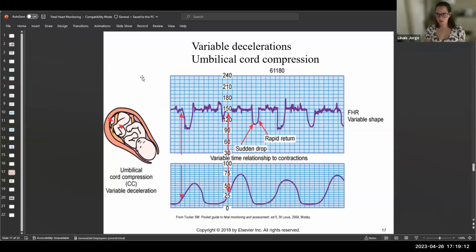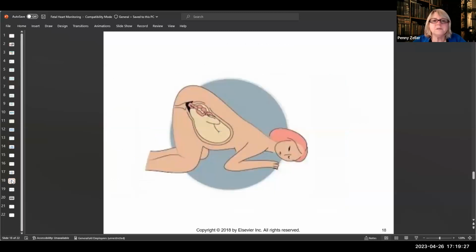What position do you think would be good to put your client in if you saw these variable decelerations? Trendelenburg. Yes, sometimes a deep Trendelenburg might help. Or a knee chest position, like this. What happens if that cord is down low and it's being compressed against the cervix and the uterus or some other soft tissue?